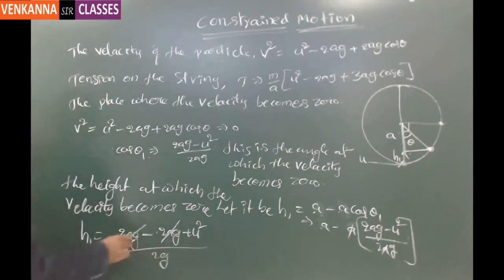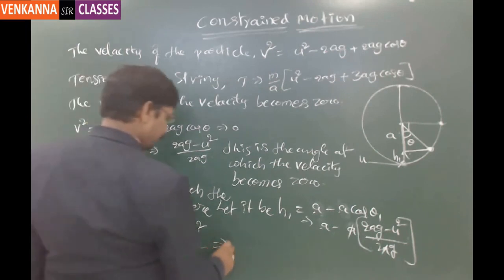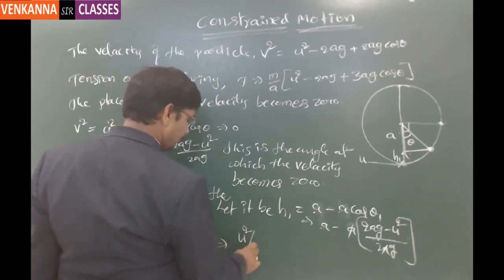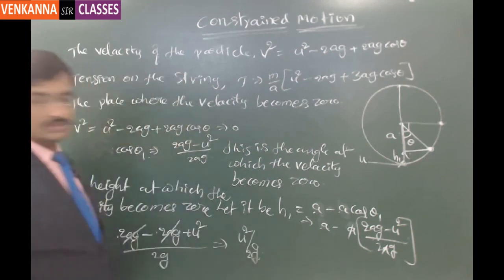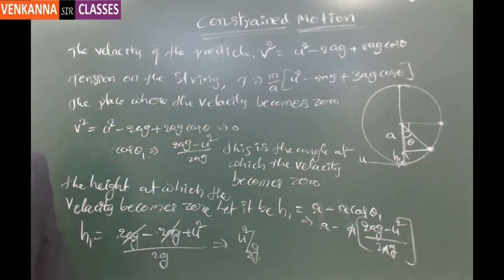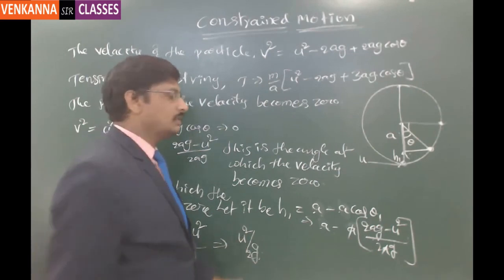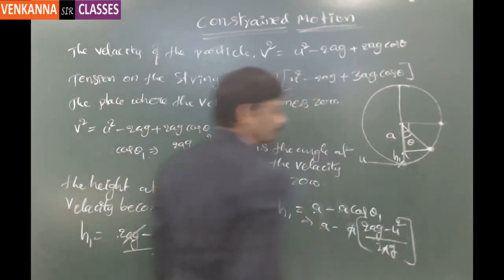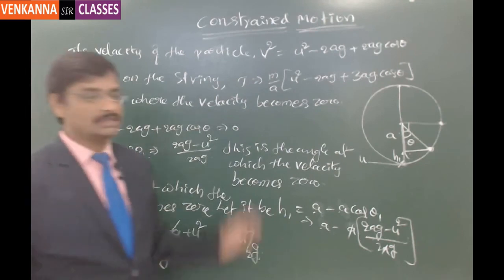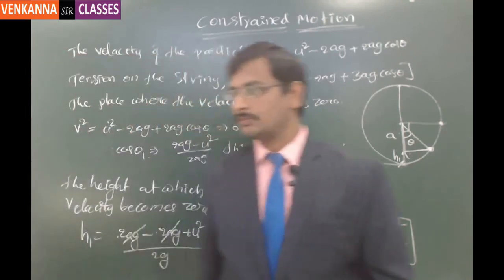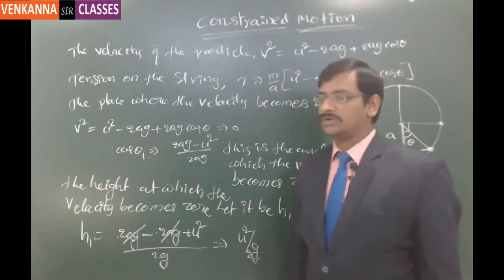This 2ag will cancel out, and the place where the velocity becomes 0 is at a height of u square by 2g. Got it? So at this height of u square by 2g, the velocity is becoming 0. Any questions on this?